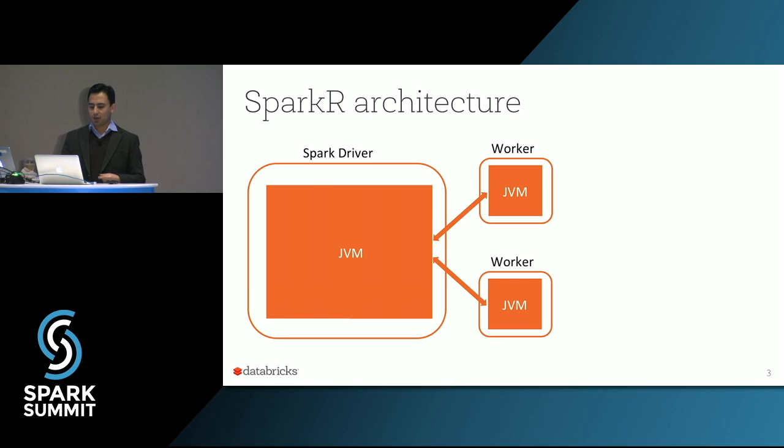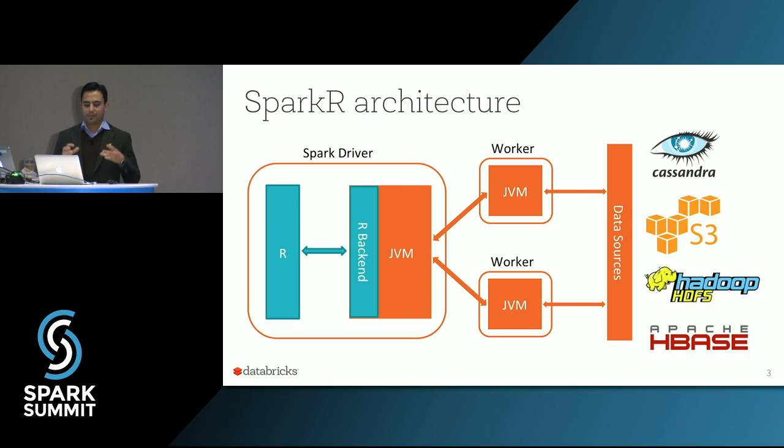When you introduce SparkR into the picture, it changes like this. You have an object inside the JVM process of the driver called the R backend, and you have an R process. That's where the user will submit their R commands, which will be sent over a local socket to the R backend in the JVM and translated to native Spark API calls and executed on the workers.